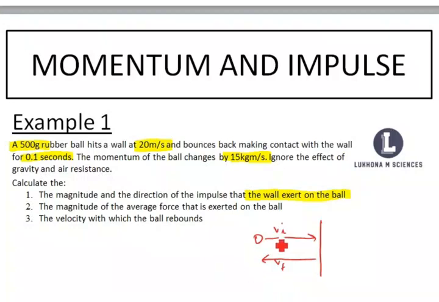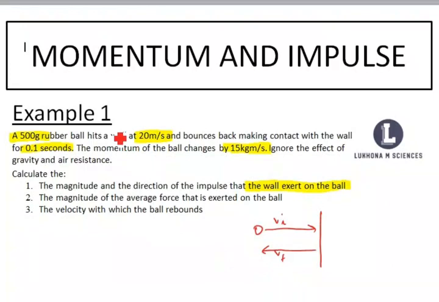Now let's look at the SI units. So we have the mass in grams, wrong. The velocity in meters per second, correct. The time is correct. It is in seconds, so it's perfect for substitution. Then we have the change in momentum.